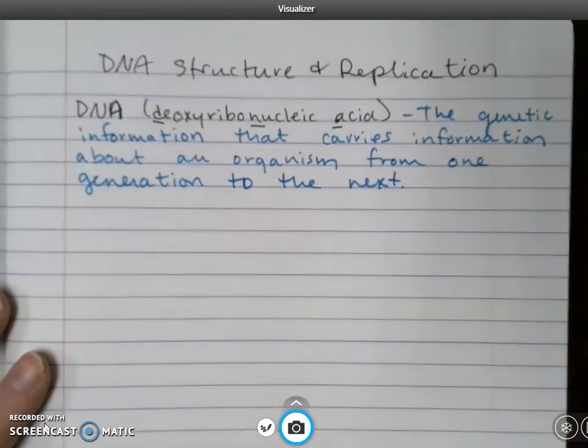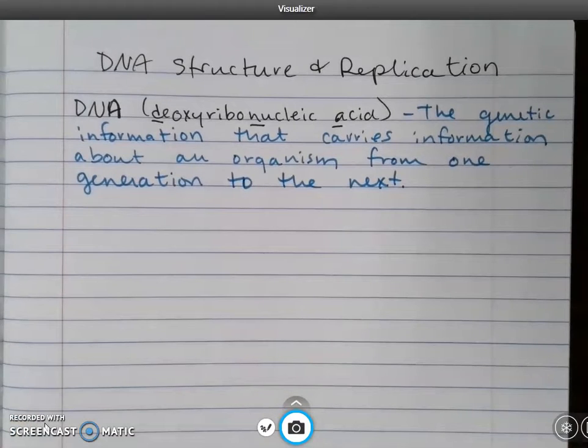So that is what DNA is. It carries information about an organism on to the offspring, to the child.